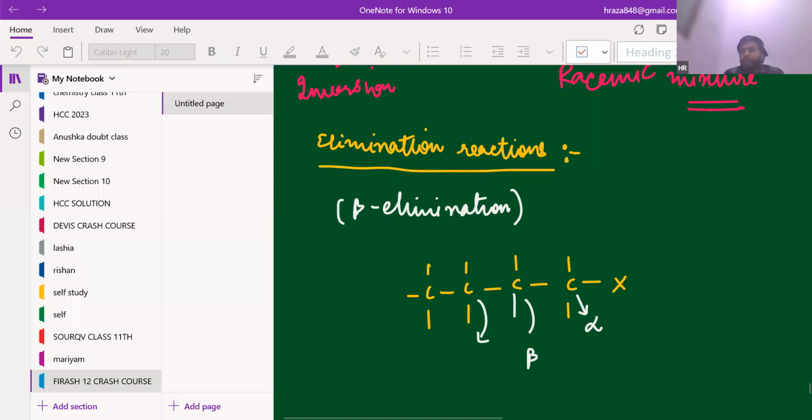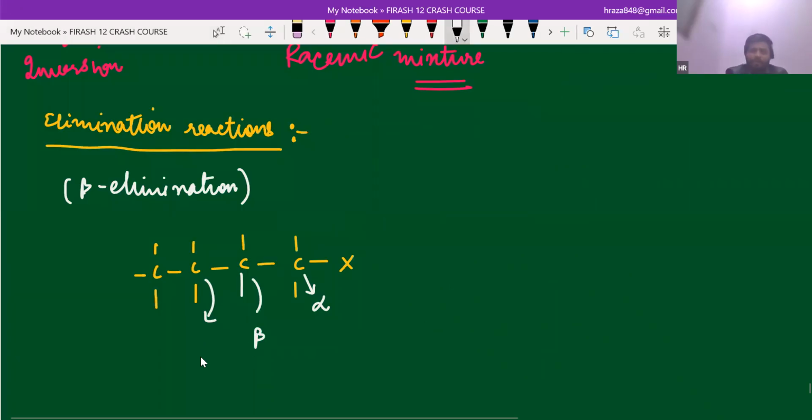You don't need to think about all this gamma, delta. The most used in our syllabus is alpha and then, to a lesser extent, beta. So this is your gamma and this is your delta. This is how we see alpha, beta, gamma, delta. You need to think only about beta here: the carbon which is connected to the carbon which has the X group, halogen. Are you getting my point?